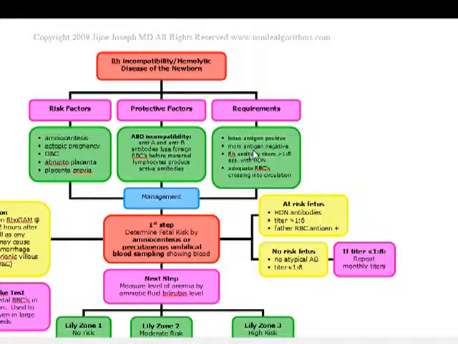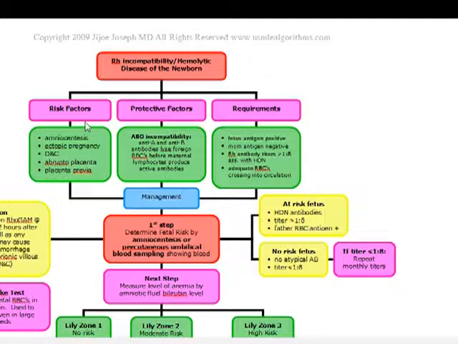The mother's antigen has to be negative. Rh antibody titers have to be over a ratio of 1 to 8. Adequate RBCs have to cross over into the circulation in order to stimulate the mother's lymphocytes to produce antibodies to the fetal RBC antigens.